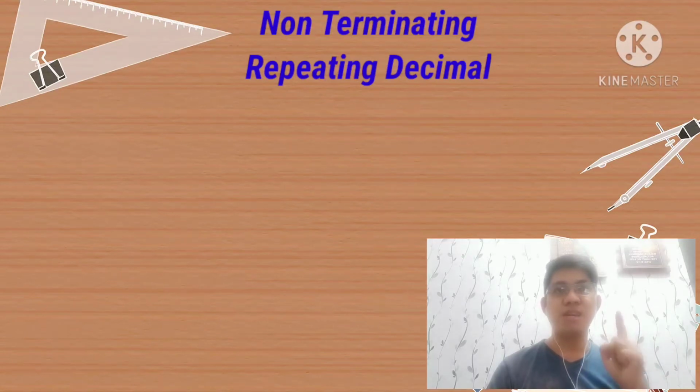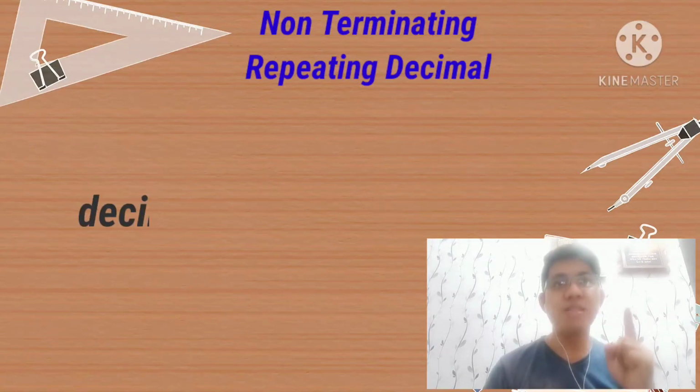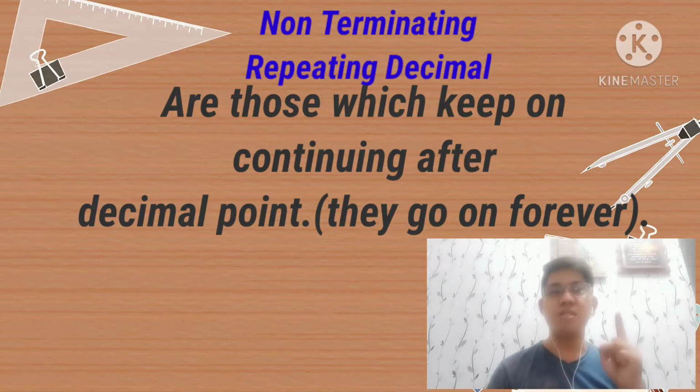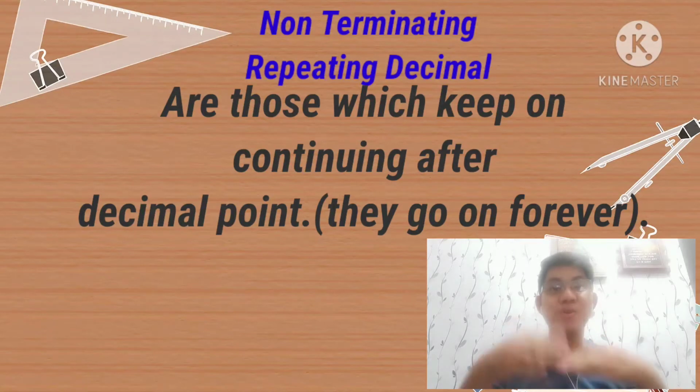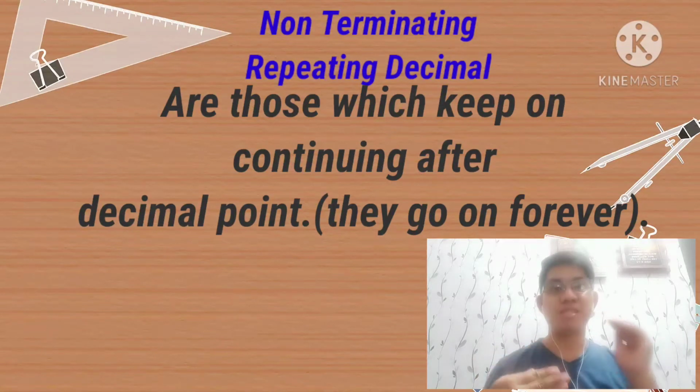Ano ba yung tinatawag natin na non-terminating repeating decimals? Non-terminating repeating decimals are those which keep on continuing after decimal point. They go on forever. Ibig sabihin, paulit-ulit lang yung decimals na nakukuha natin.